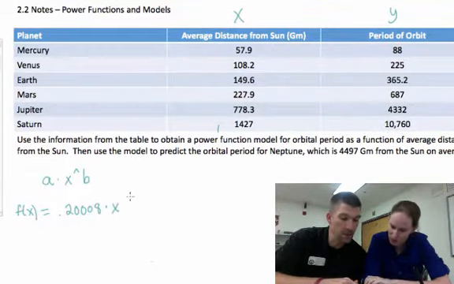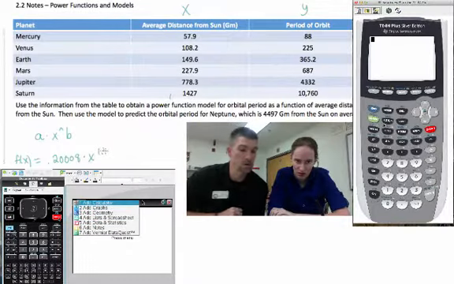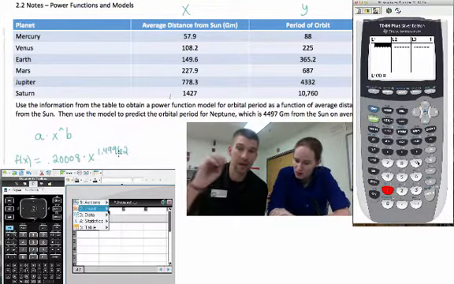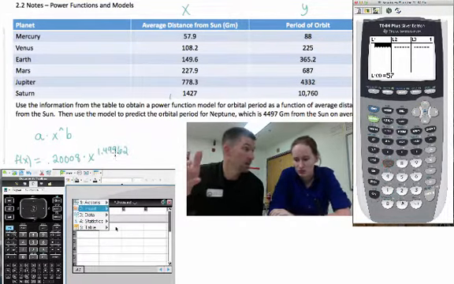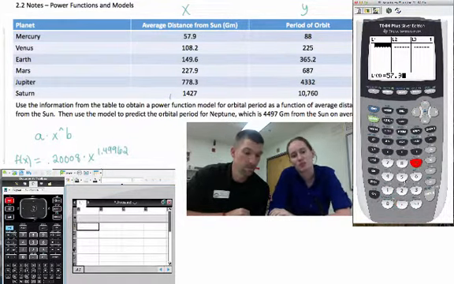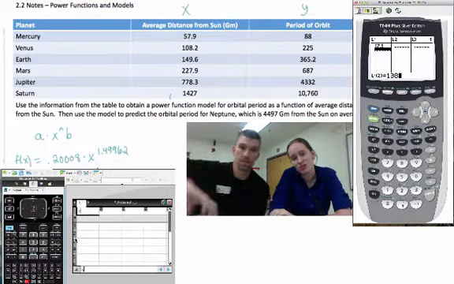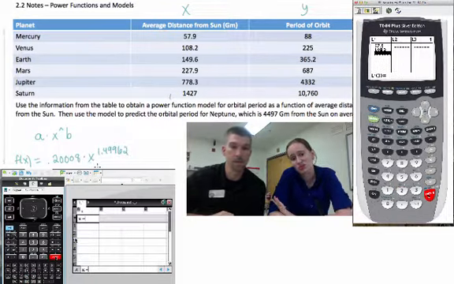And if you'll notice, it gives you an R squared value and an R value. All those tell you is exactly how close you are to a perfect fit. R squared is the one that would be more accurate. That R squared value is almost 1. It's super close to 1, which means this is a really strong representation of this data.